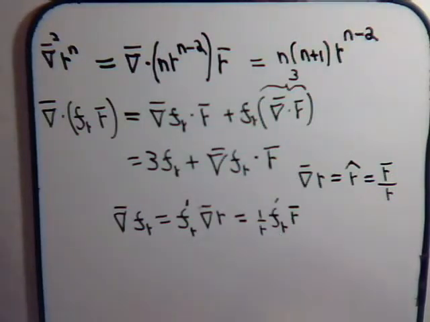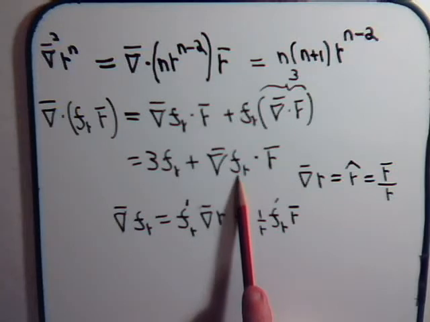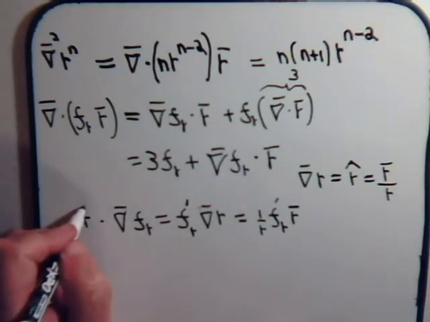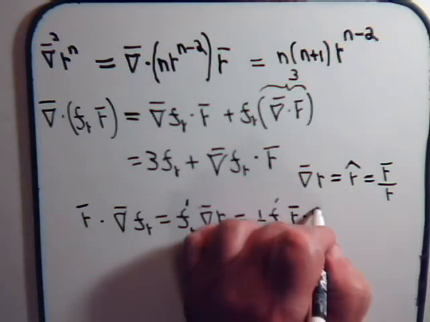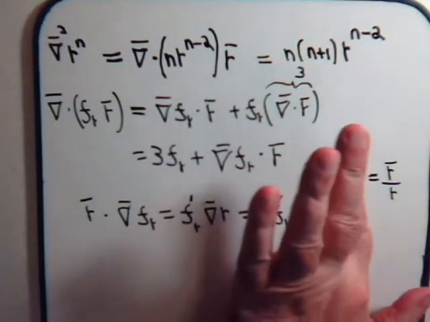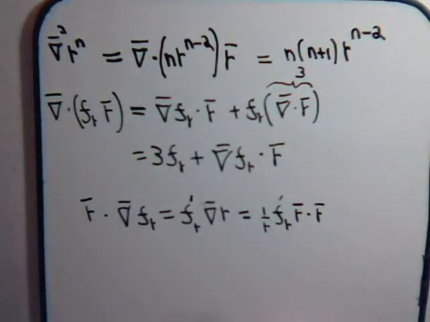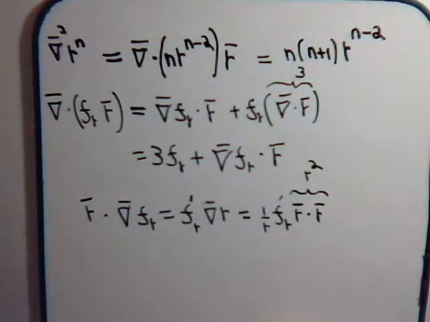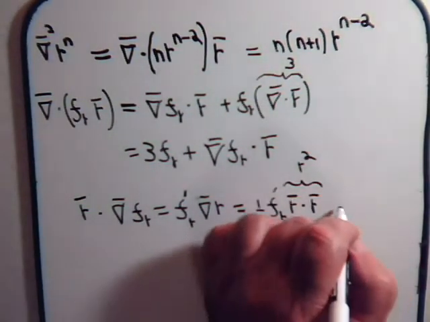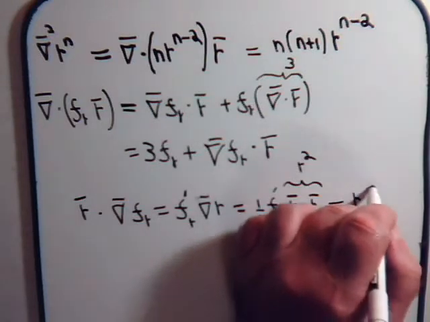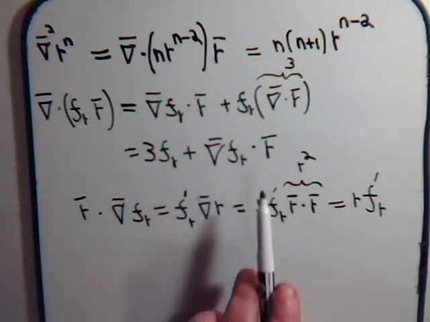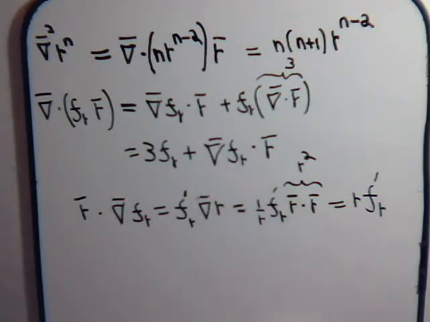Now, what are we supposed to do with that? We're supposed to take the dot product of it with the position vector. So let's do that, because r dot r is r squared. And r squared divided by r is just going to equal r times f prime of r. So that's what this term is: r f prime of r.